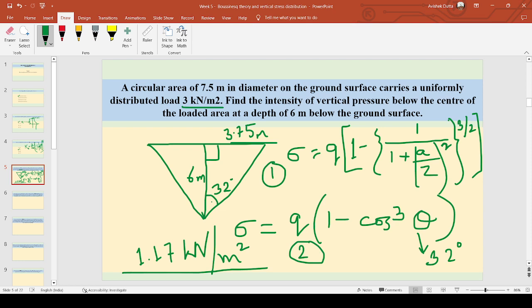The value of q is 3 kilonewton per meter square, that is the UDL, uniformly distributed load, and a is the radius of the loaded area, that is half of 7.5 or 3.75. I hope it is clear. I'll go to the next question.